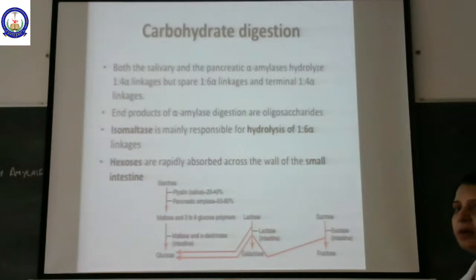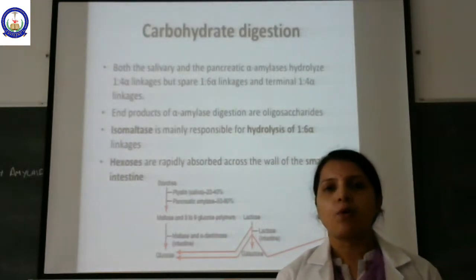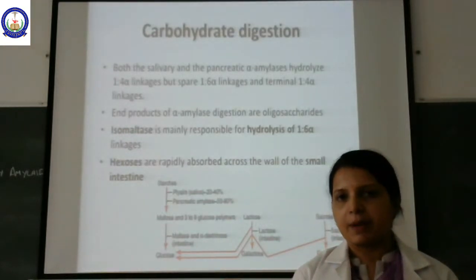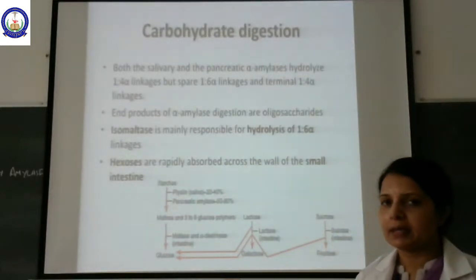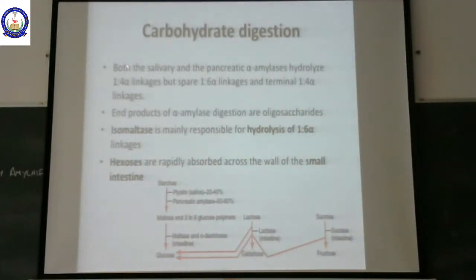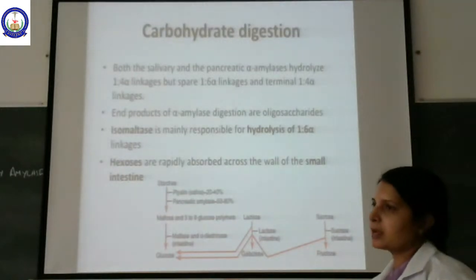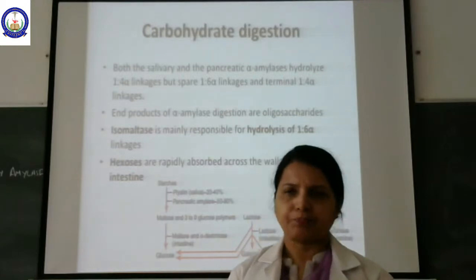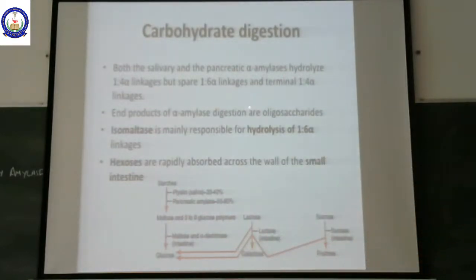So remember the salivary amylase; the next important enzyme, present in the pancreatic juice, which aids in the digestion of carbohydrates is the pancreatic amylase. These enzymes act upon the bonds present in the polysaccharide. The end products of alpha amylase digestion are oligosaccharides, which include the disaccharides. So that is the function of amylase.